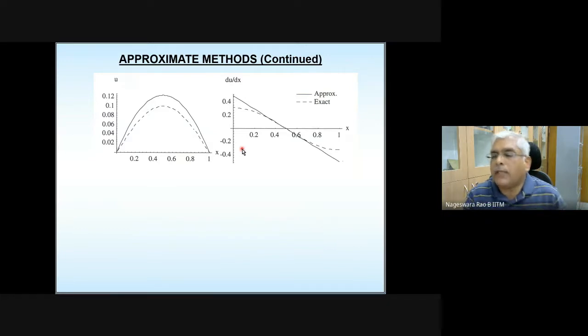So that is one of the limitations of collocation method. Collocation method accuracy is going to depend on where you are selecting the collocation point, and there is no strict guideline on where to select the collocation point. Any questions?